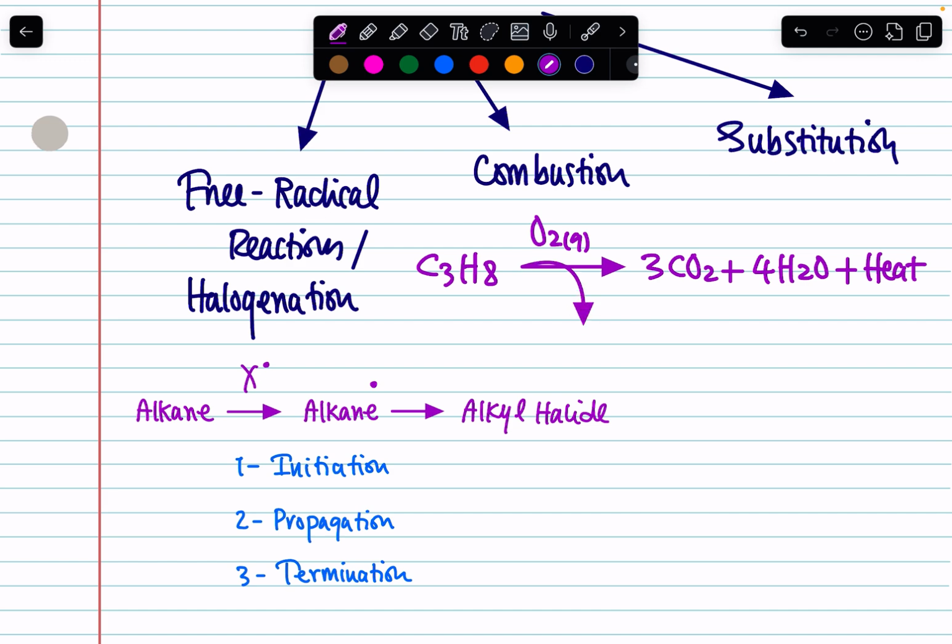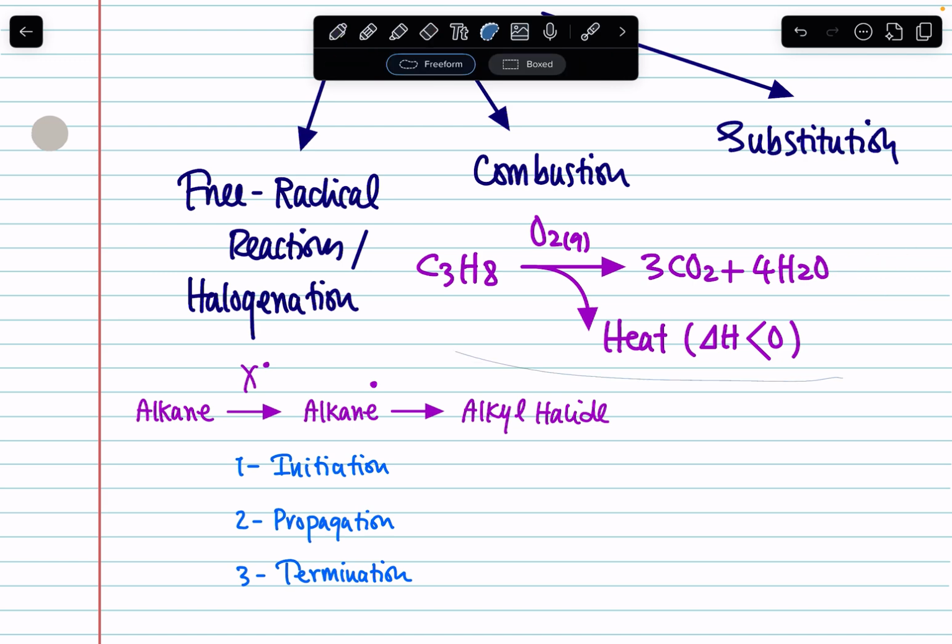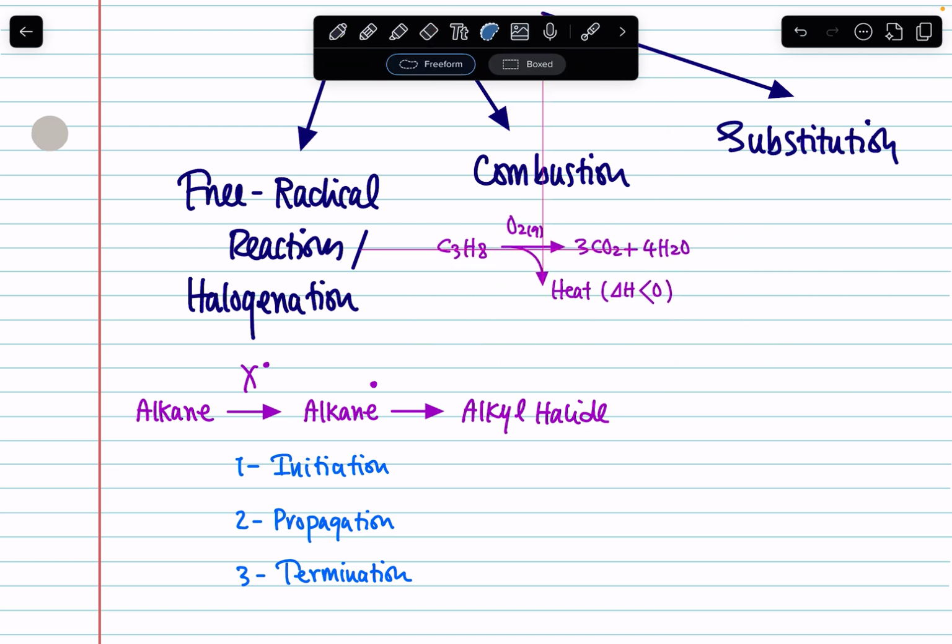I'm going to actually put the heat here. The delta H, or enthalpy, of these reactions is always negative, sorry. We will release heat. Okay, so that would be an example of a combustion reaction.